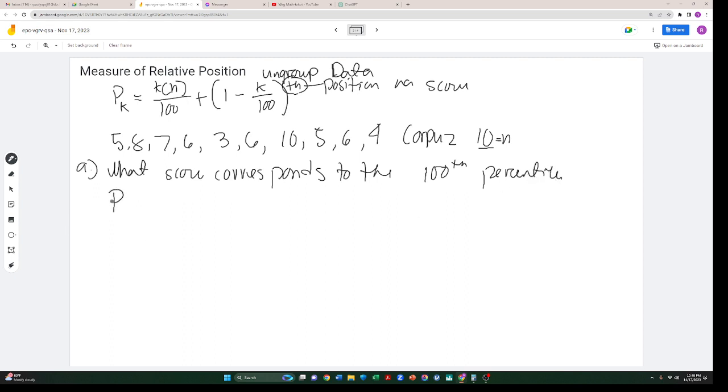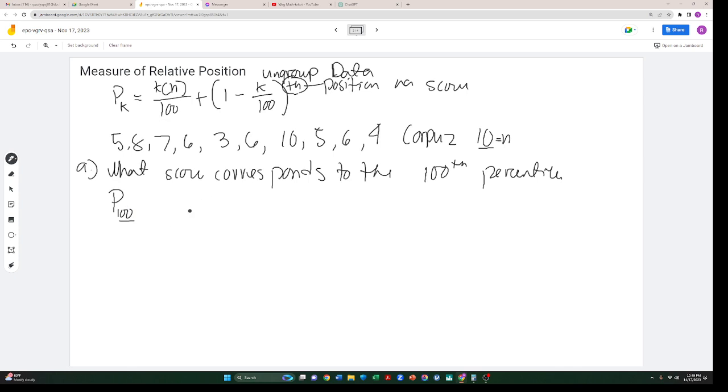Therefore, for percentile P sub 100, we know that 100 is the highest rank, the highest scores obtained, because the percentile goes from 1 to 100. So 100 is really the highest.